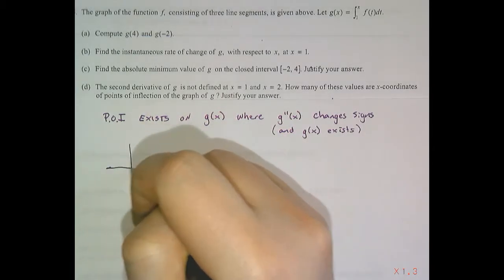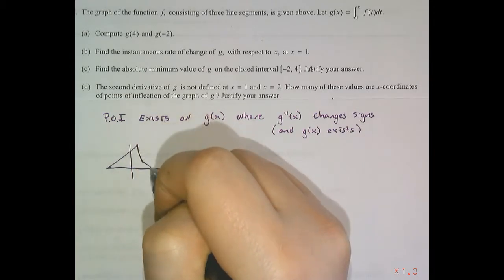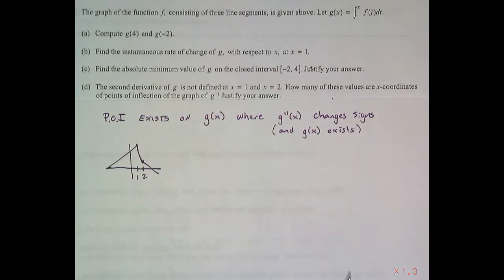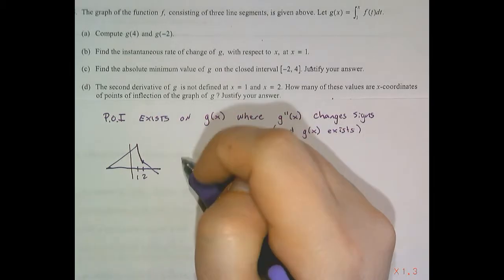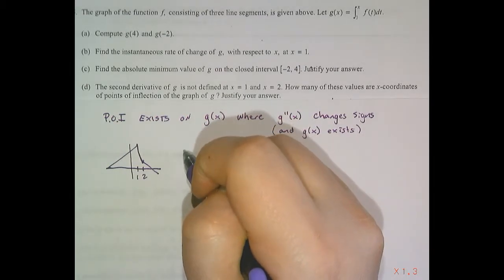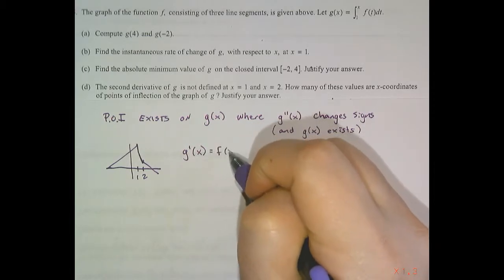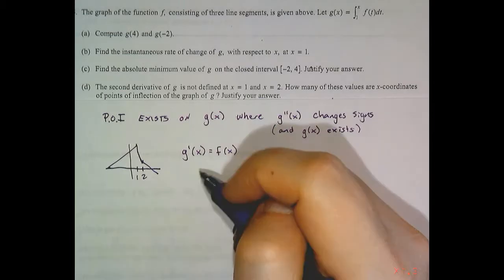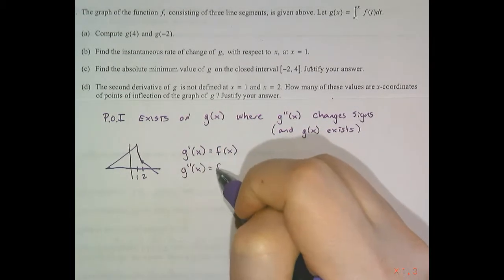Draw a really quick sketch here. This is the graph of f. And we're going to use this to explore g prime prime. Now, we'd established that g prime of x is equal to f of x using the fundamental theorem, and consequently we could say g prime prime of x equals f prime of x.